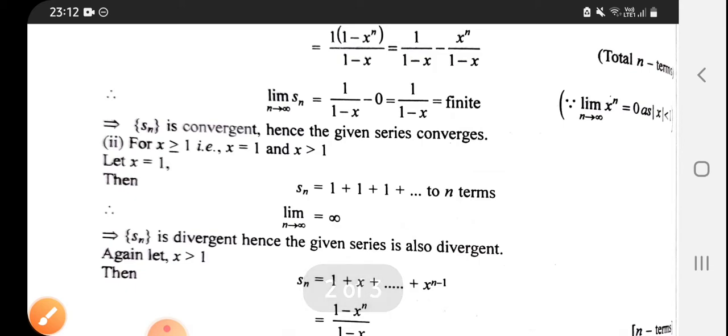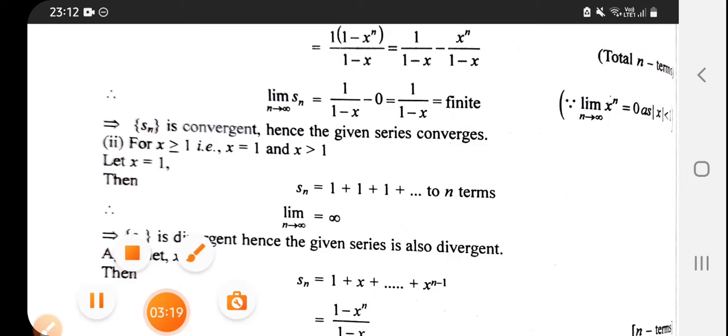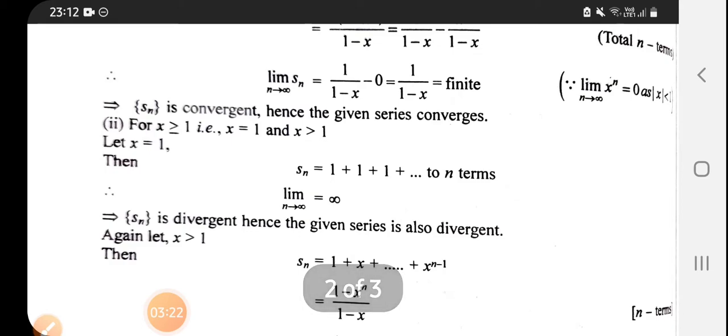Okay, Sn is convergent, hence the given series is convergent, because limit of Sn as n tends to infinity gives a finite value.